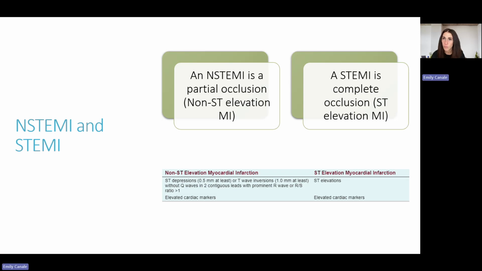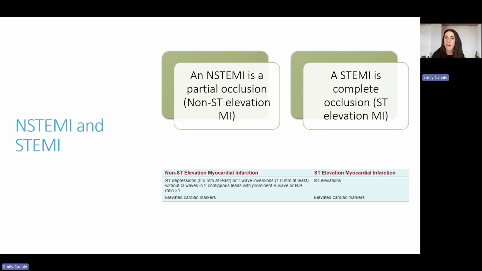Really quickly, we're going to go over this more fully in another lecture, the cardiac lecture. But because this technically does still show up, and you have to be able to look at the leads and see what this looks like, I still wanted to go over an NSTEMI versus a STEMI really briefly here, and much more in depth in the other lecture that I've given you guys.